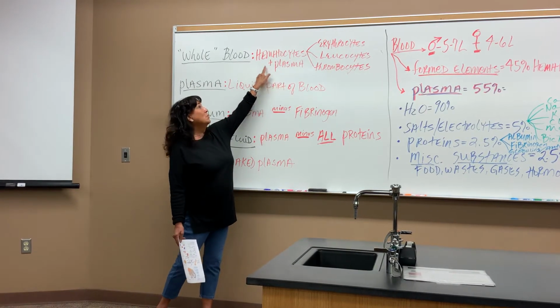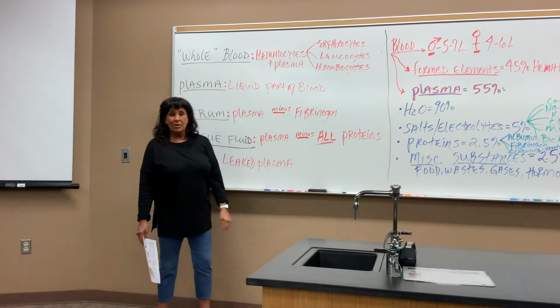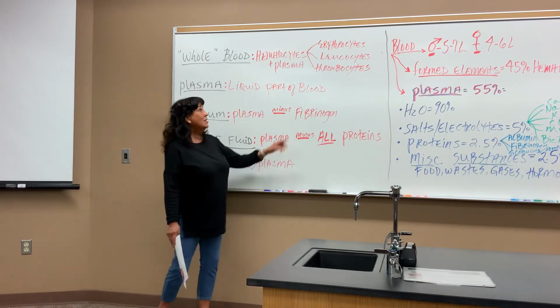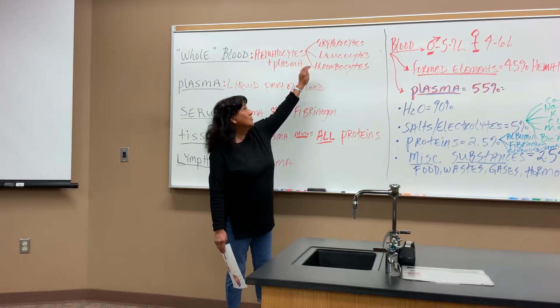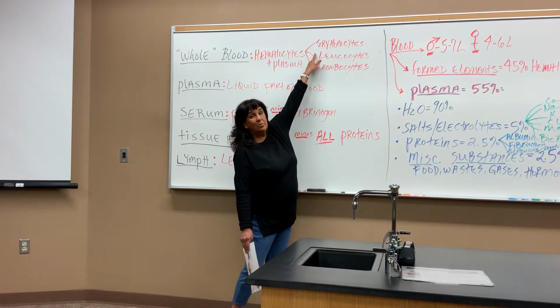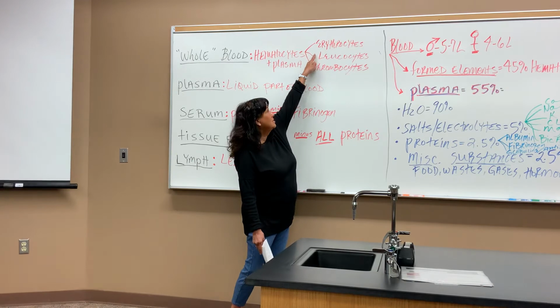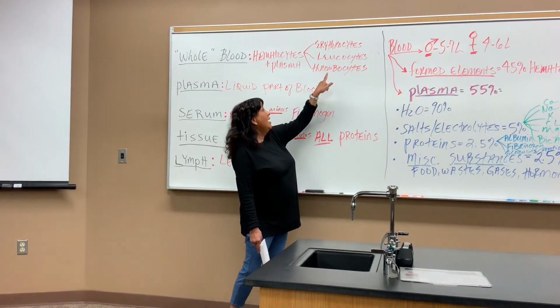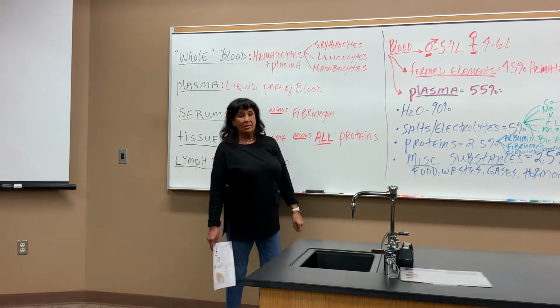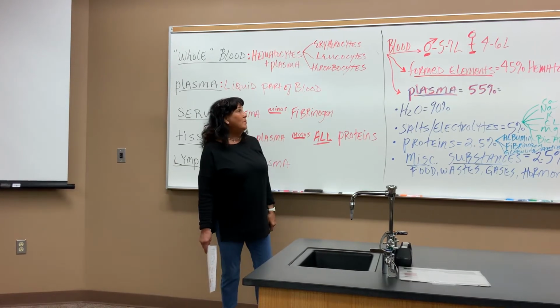Hematocyte is the general term for all blood cells, and we have 3 specific types: erythrocytes, commonly known as RBCs, leukocytes, known as white blood cells, and thrombocytes, commonly known as platelets.